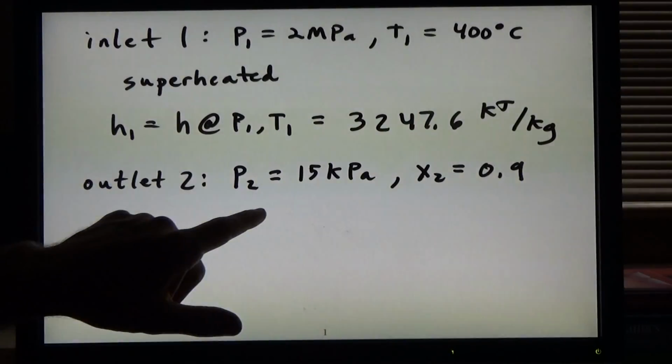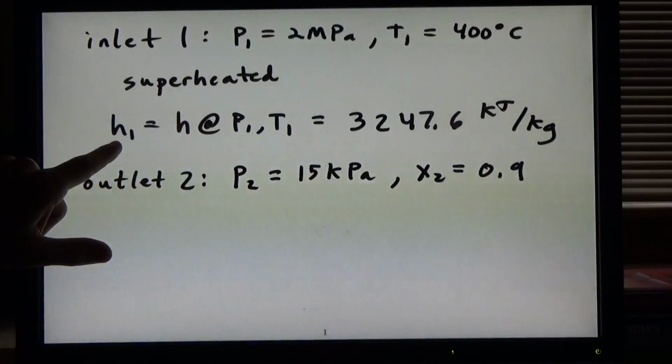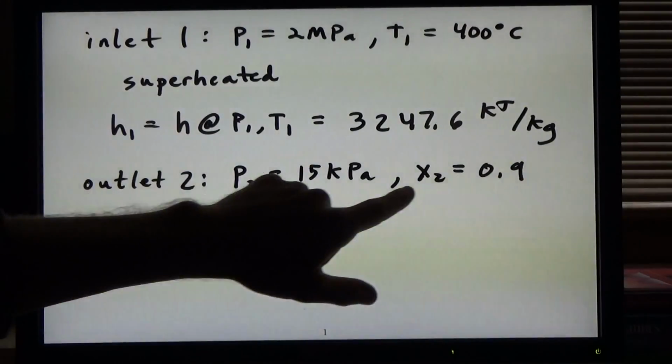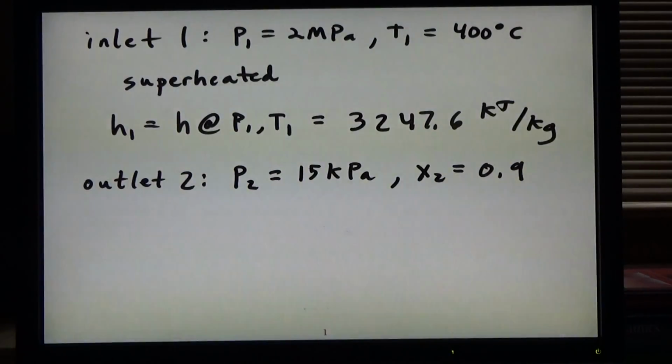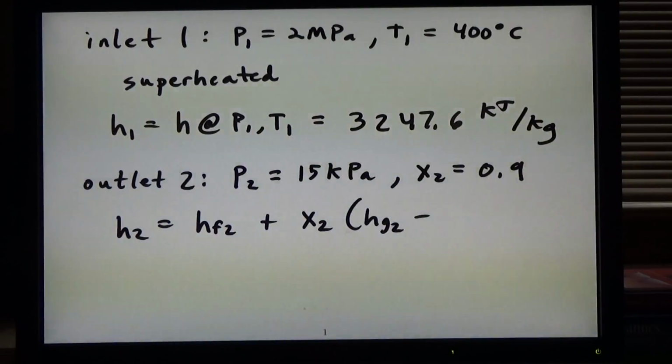To get the specific enthalpy at P2 and X2, we're going to have to use the quality equation. H2 is going to be something like Hf2 plus X2 times Hg2 minus Hf2.